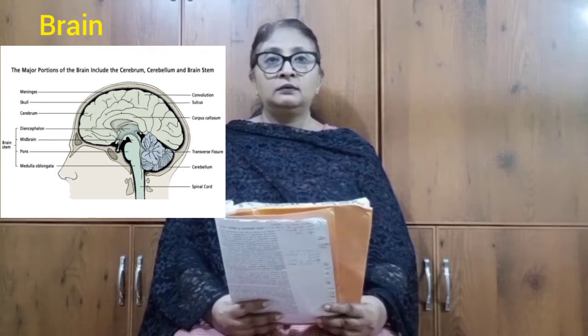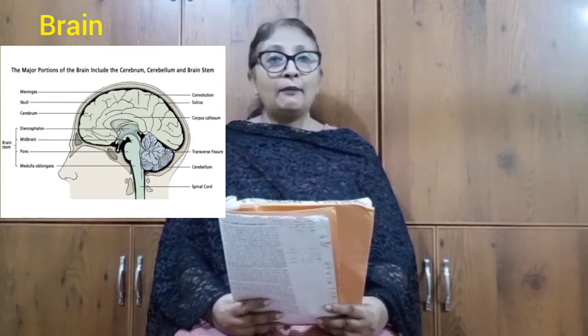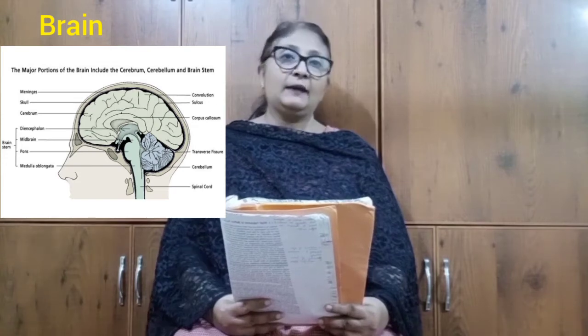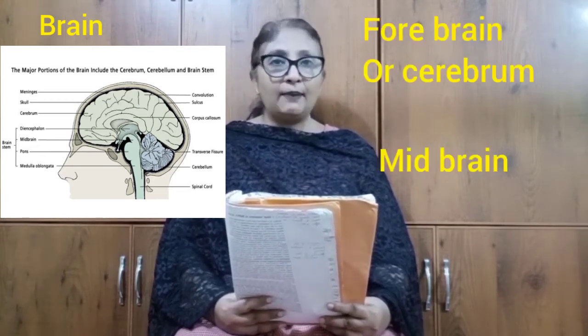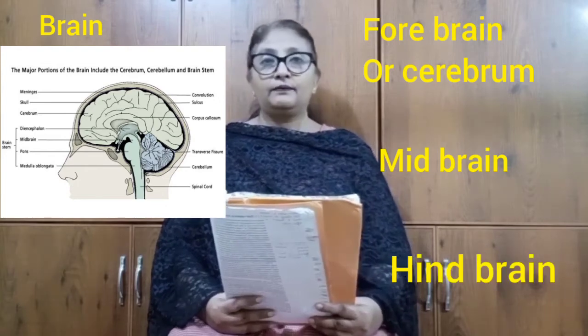Let us now focus on the brain. The brain is well protected by a bony box called skull or cranium. The brain is divided into three, that is the forebrain, the midbrain and the hindbrain.